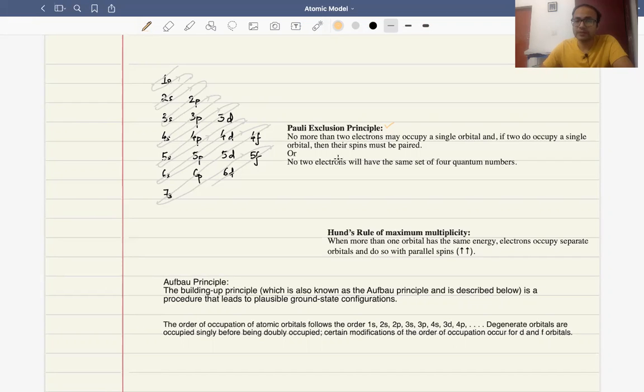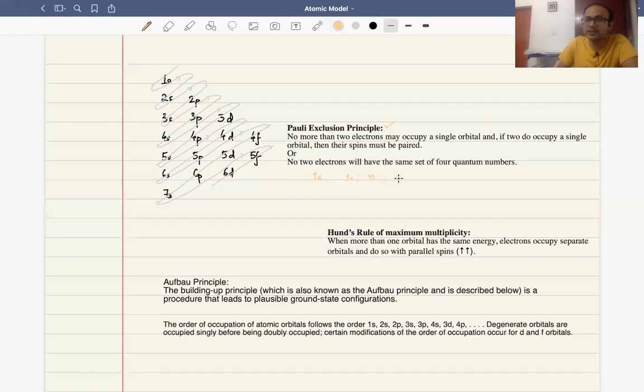Now, what does this mean? It means that no two electrons will have the same set of quantum numbers. This you can easily understand. If we consider one orbital, that is 1s, and suppose we have one electron in this particular orbital, then we talk about the quantum numbers possible.